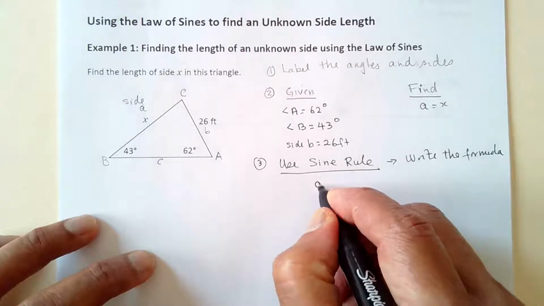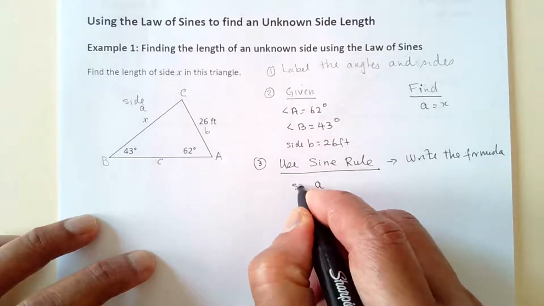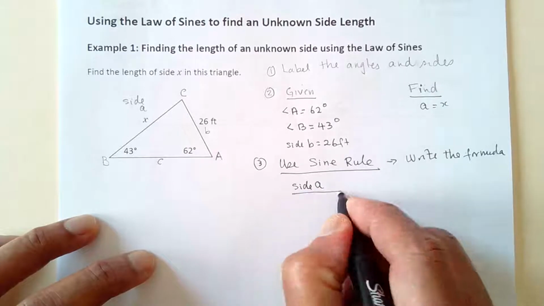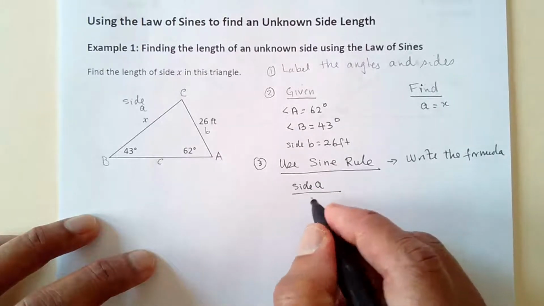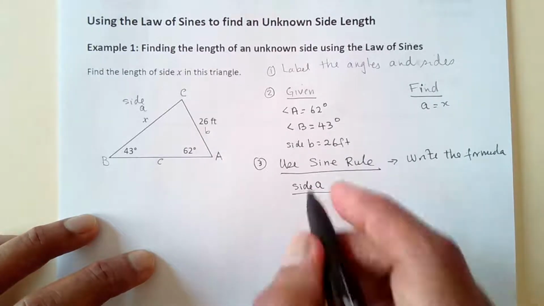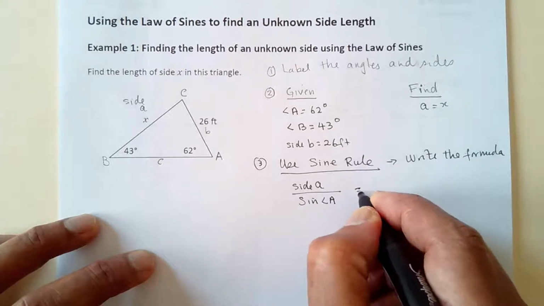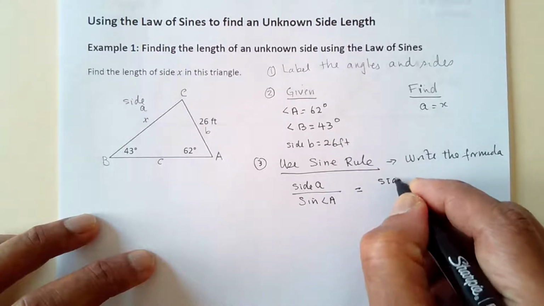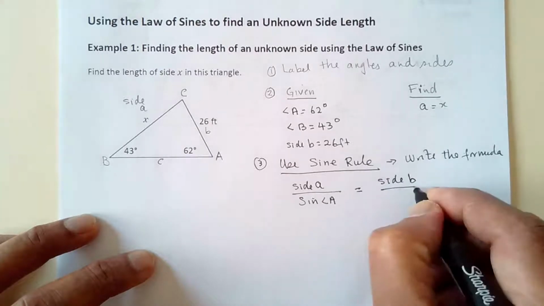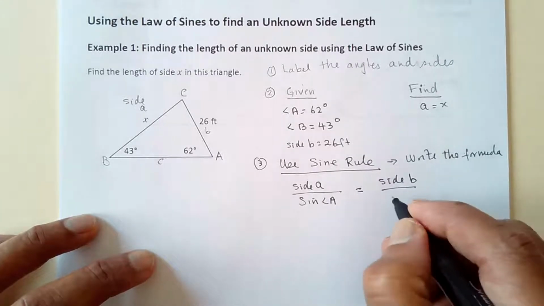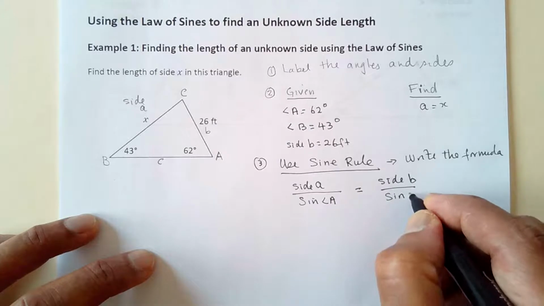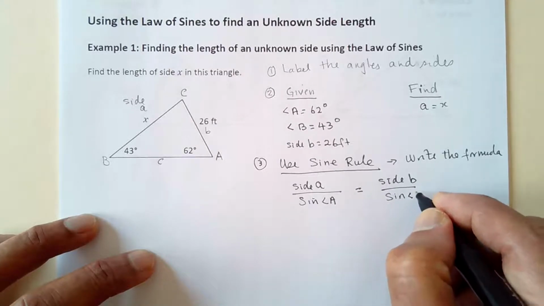So we have side A. I'll just be more explicit for now. Later on, I will not indicate the side. Side A over sine A, side B over sine angle B.